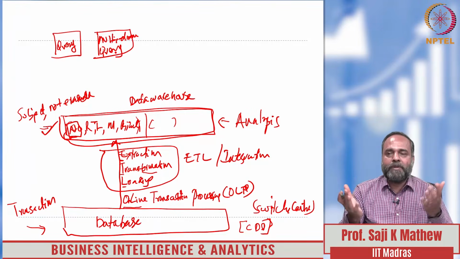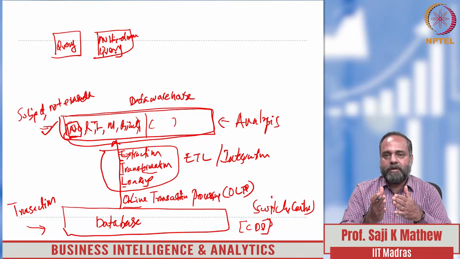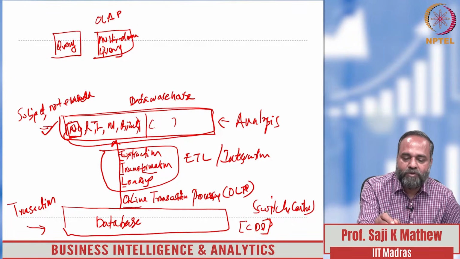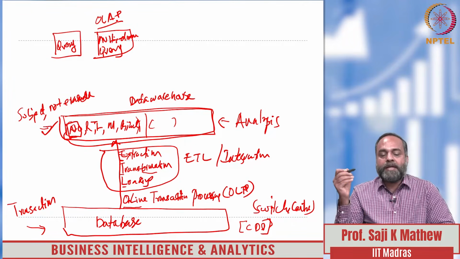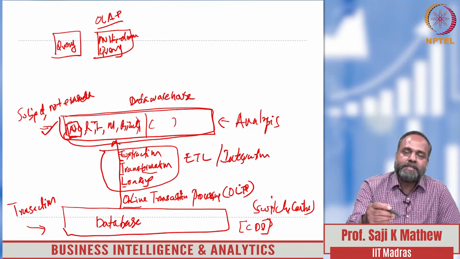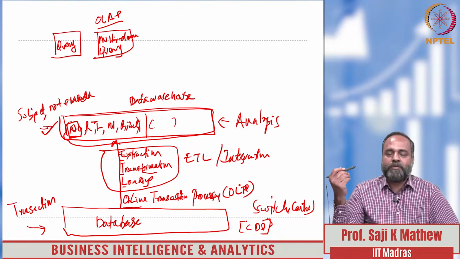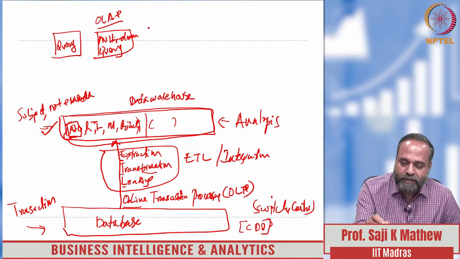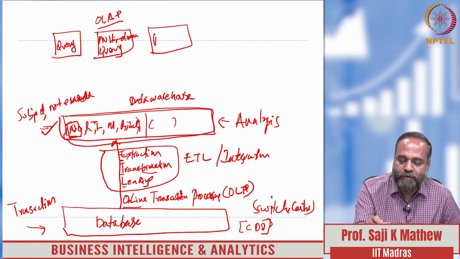You can bring in multiple dimensions to look at your business performance measures, and that is the system known as OLAP, online analytical processing. OLTP is the database, OLAP is the analytical interface for conducting more complicated or more advanced queries. Then if you have query, you can have reporting also.